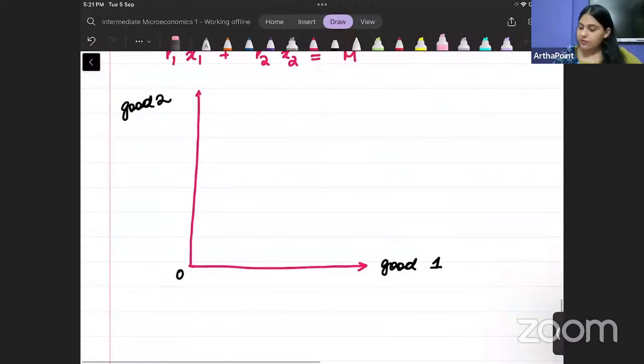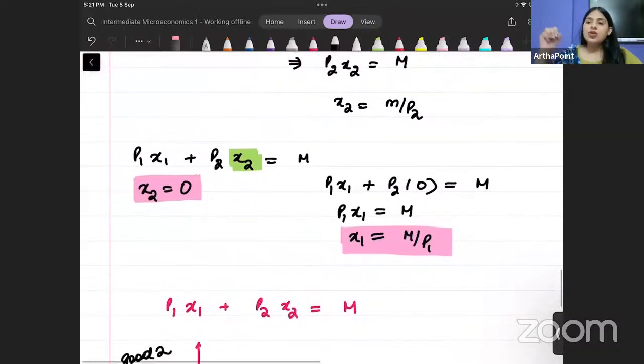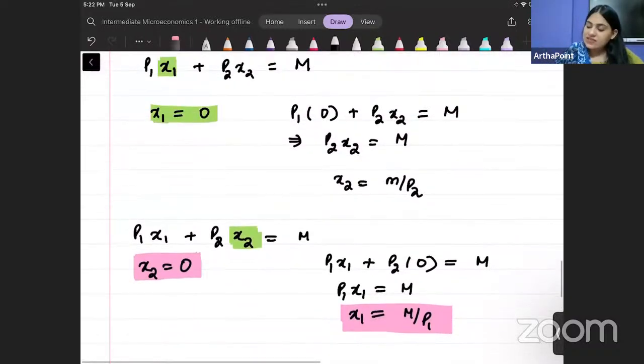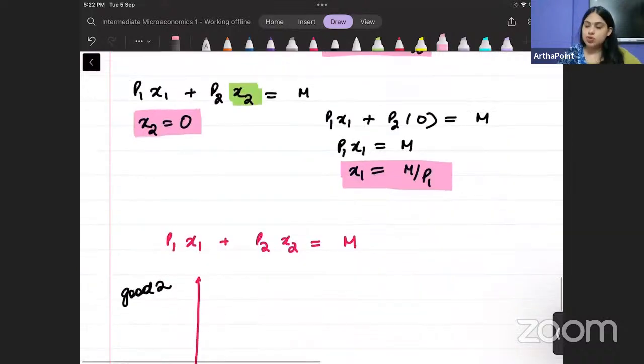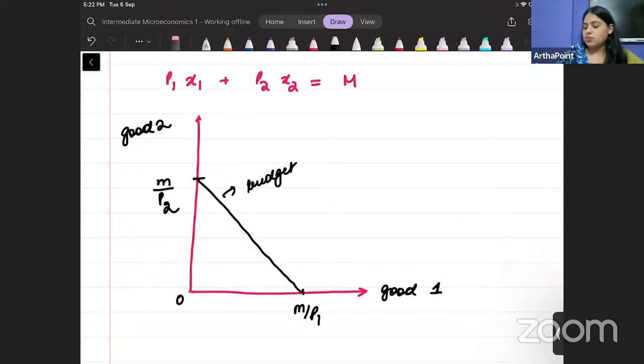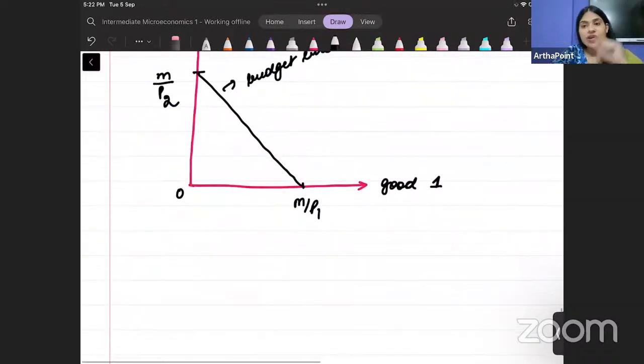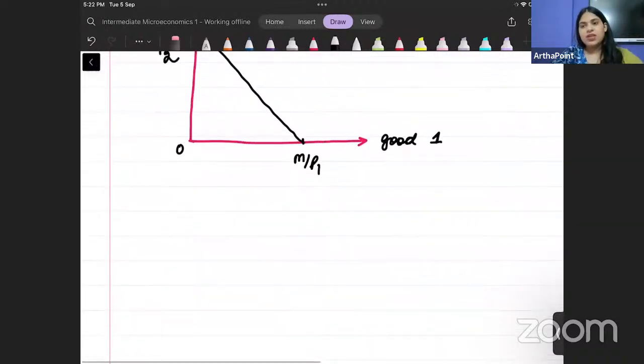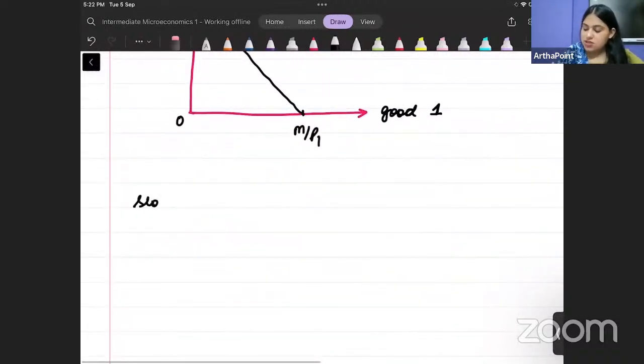So here I will have M by P1. Similarly, when you plugged in x1 as 0, that means it's a point on the y-axis, right? So what is the intercept I got? M by P2. So beta, I got here M by P2. When you join this, you will get your budget line. So what is your budget line? Your budget line is by joining the two intercepts. Now, what is the slope of a line?